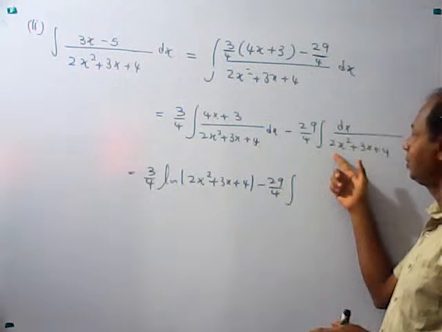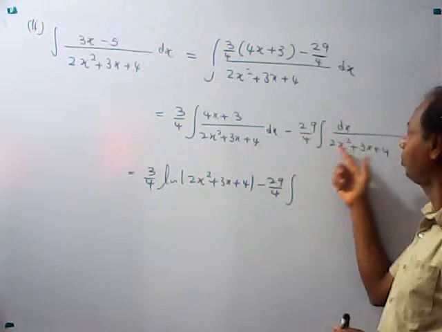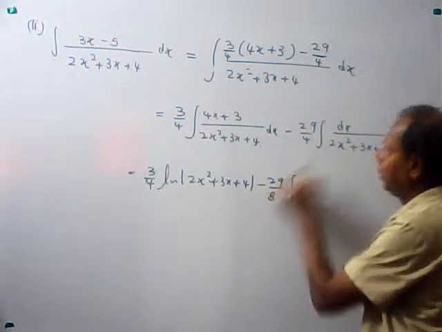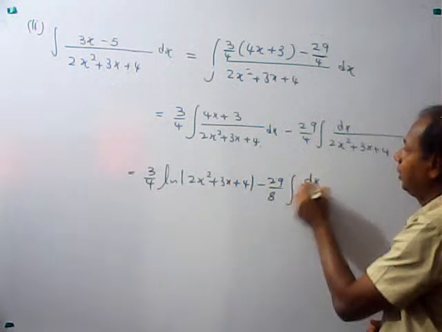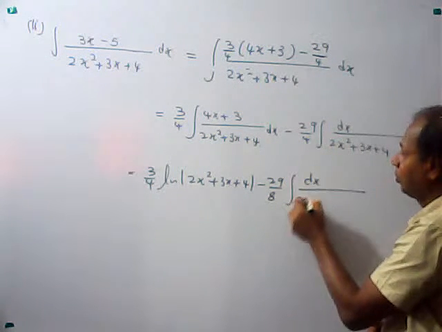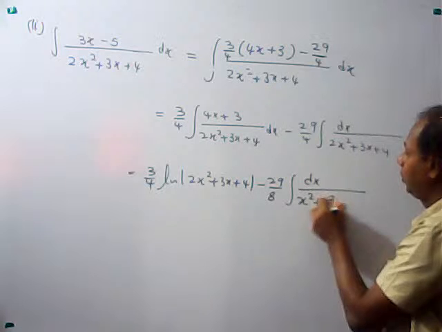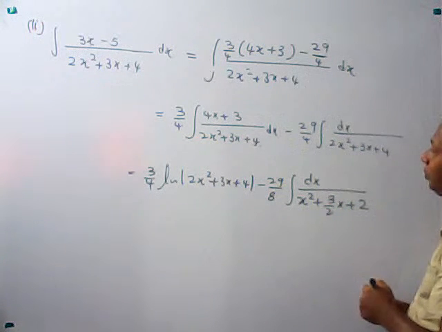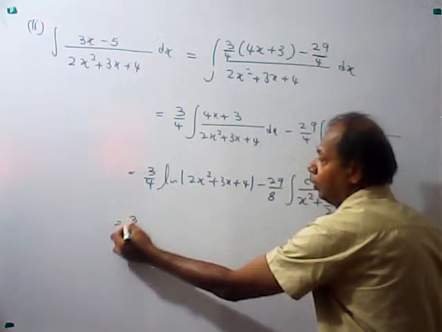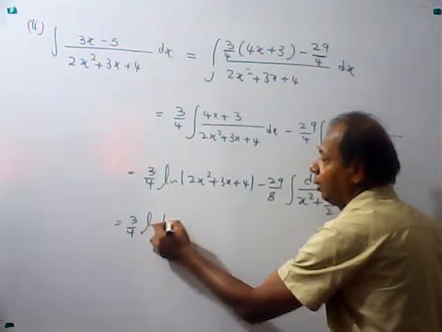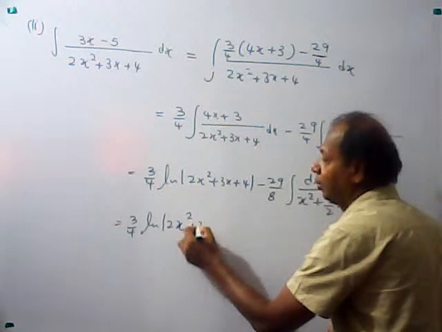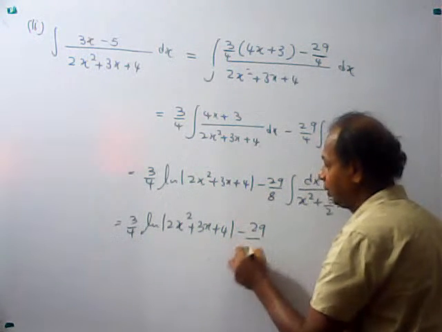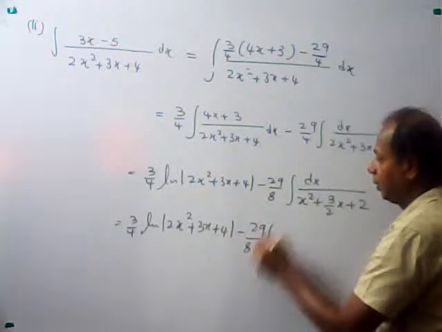With delta less than 0, we have to complete the square, for which we will take 2 out first, so that will make it 8 here. Taking 2 out, we get x squared plus 3 over 4x plus 2. So 3 over 4 and then mod of 2x squared plus 3x plus 4 minus 29 over 8 integral.